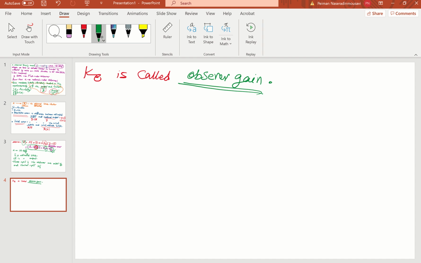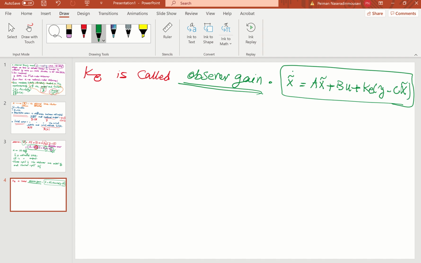Now if I want to plot the block diagram of this, that exactly you see here, AX plus BU plus KE (y minus C x estimated). As I did for the control design, U, the control signal, comes inside. One branch goes to being multiplied by B, and this is summed as you have summed previously in this class.